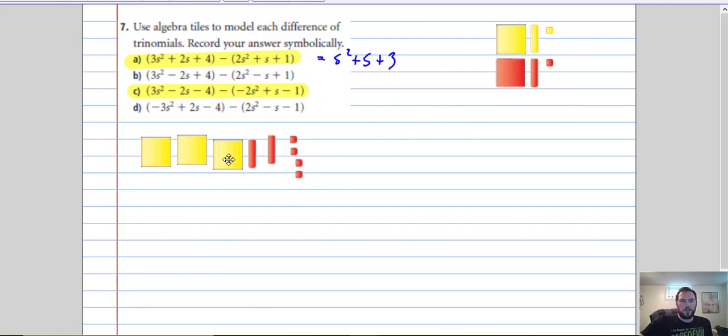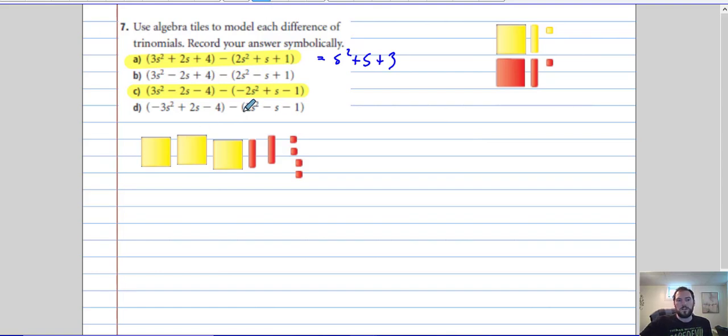And I want to subtract from that my negative 2s squared plus s minus 1. So the minus 1, that's fine. I can do that because I have negatives that I can take this thing and I can remove it. But the problem is I don't have any positive s's here to remove, and I don't have any negative s squareds to remove. So I need to do something else with a question like this.